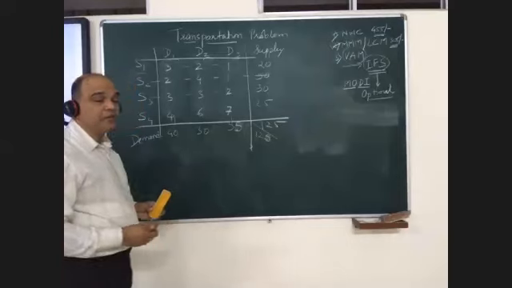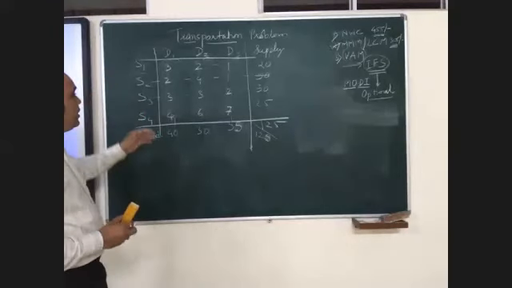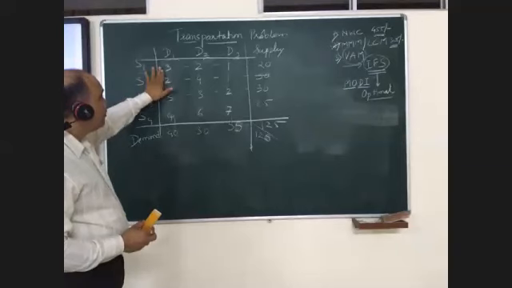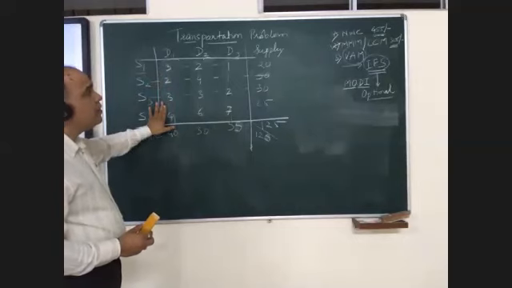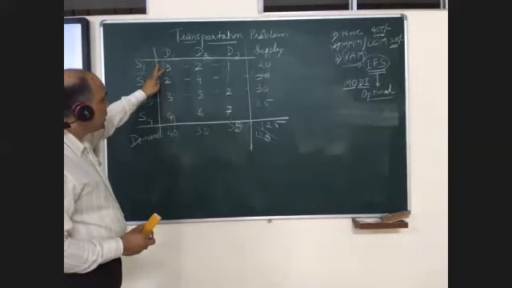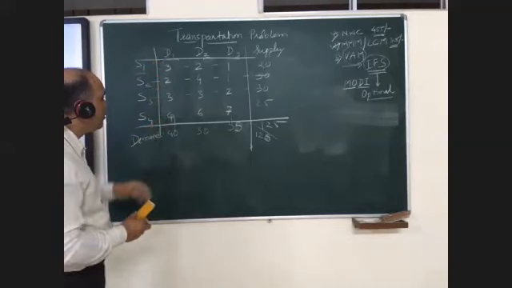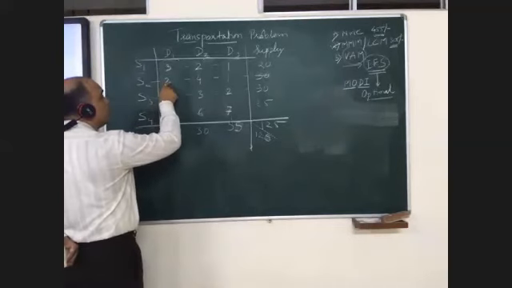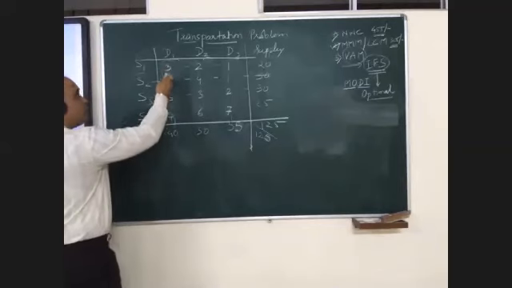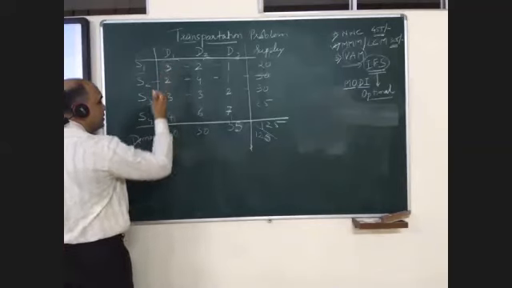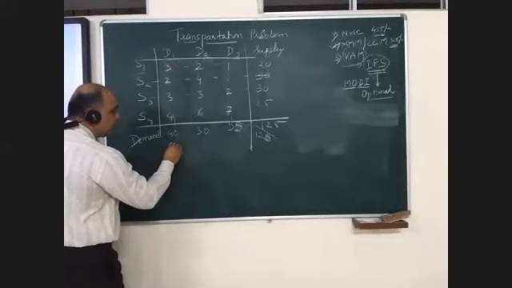In Vogel's approximation method, we need to find the minimum cost in the given column or row. Suppose I consider the D1 column: the minimum is 2 and the next minimum is 3. The difference is 1.